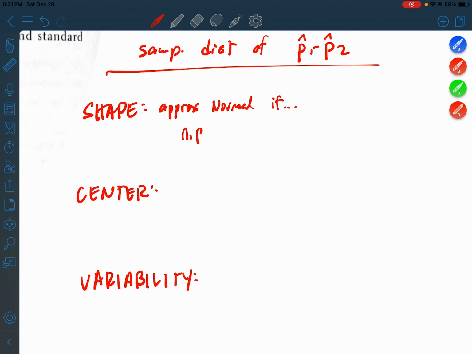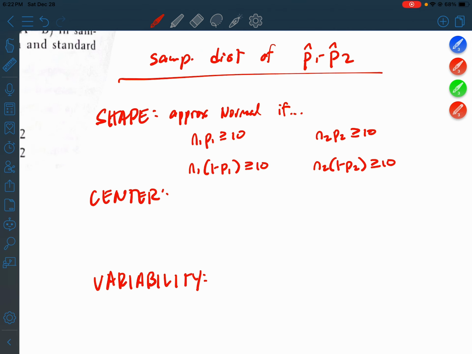N1 times P1 is at least 10. N1 times 1 minus P1 is at least 10. N2 times P2 at least 10. N2 times 1 minus P2 at least 10. The center, which is measured using the mean: the mean of the estimates p hat 1 minus p hat 2 will equal the true difference p1 minus p2.